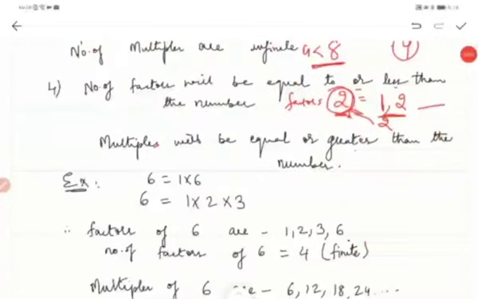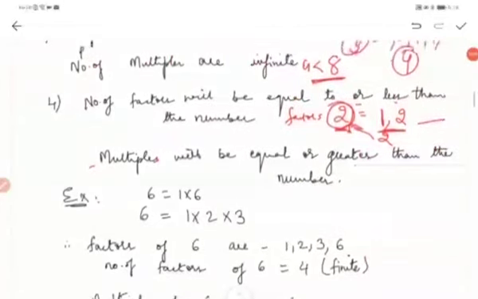And the last thing you need to know in these rules is multiples. If I take 2 only, multiples of any number will be equal to or greater than the number. If I take the number 2 as an example, what are the multiples of 2? Factors of 2 were 1 and 2, isn't it? Multiples of 2 will be what?